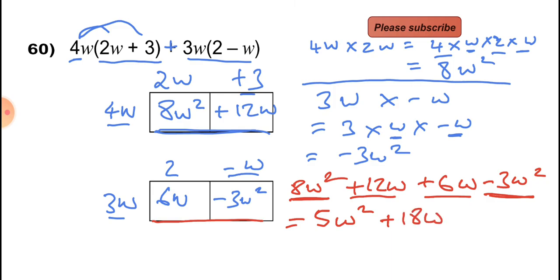So the final answer is 5w squared plus 18w, and you could have easily written 18w plus 5w squared. It's the exact same thing.